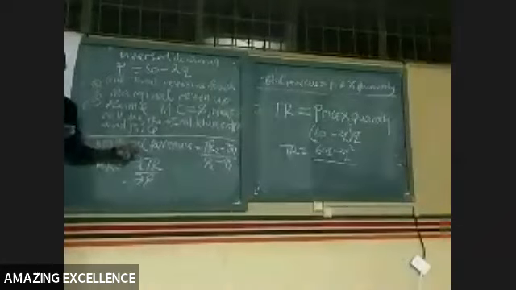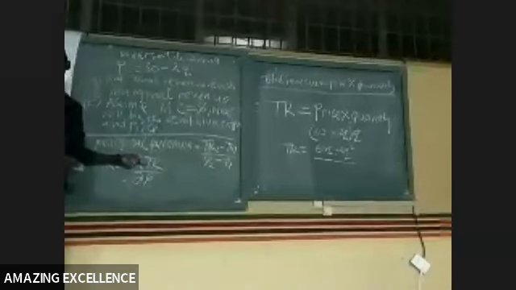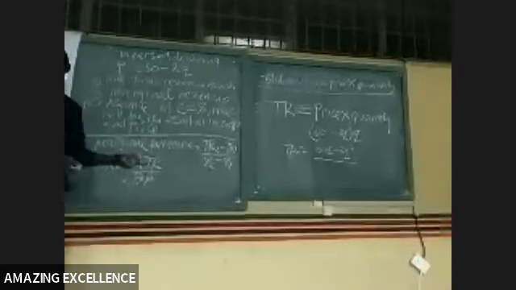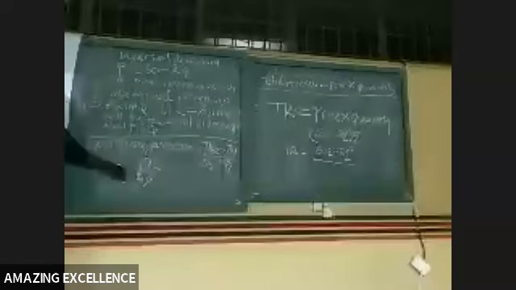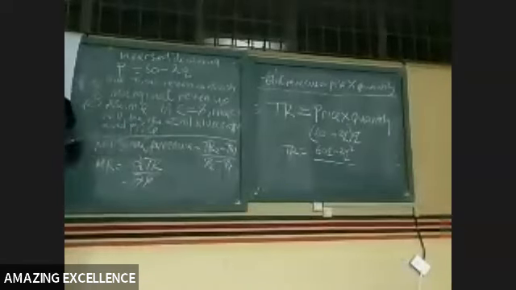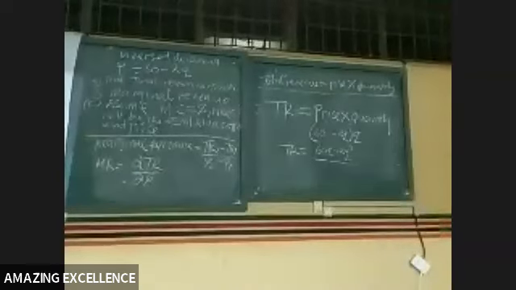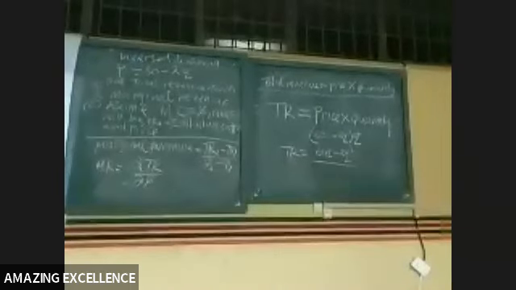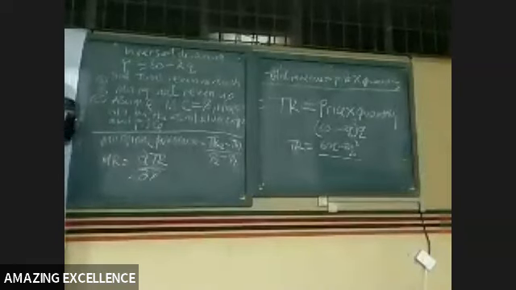Meaning the change in total revenue as a result of the change in output. That's how you interpret this. This is calculus, just the same way as dy over dx. Dy over dx simply means the change in y because of the change in x. So this one is read as the change in total revenue because of the change in output.